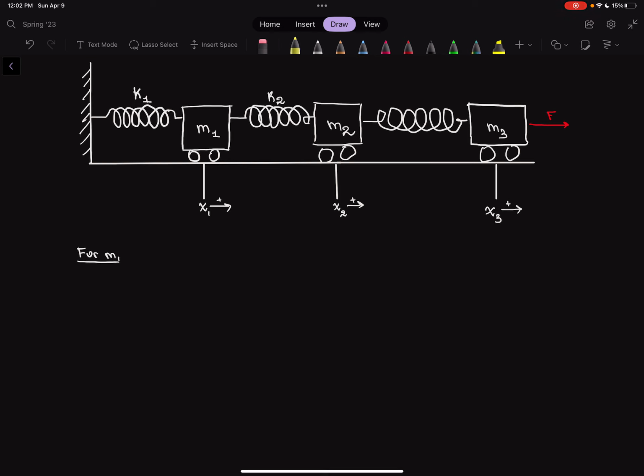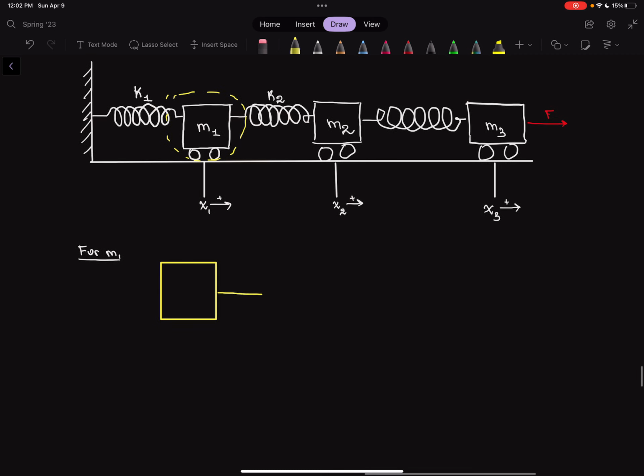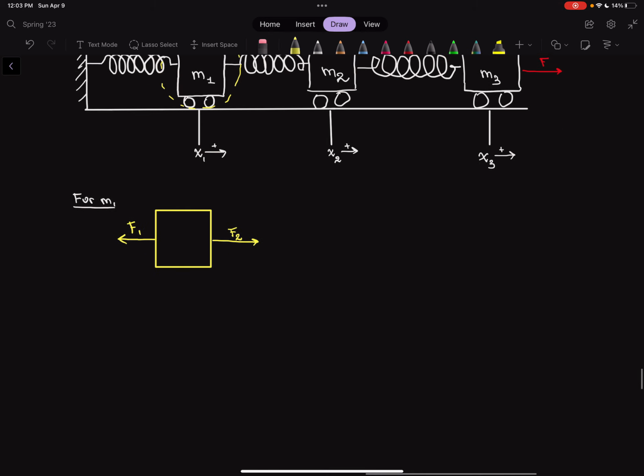So if I were to look at this stuff right here and look only at the horizontal forces, I would have this cube, and then, if I am pulling, then K2 is going to bring a force, that second spring is going to bring a force this way. And this force is going to try to bring it back, F1.